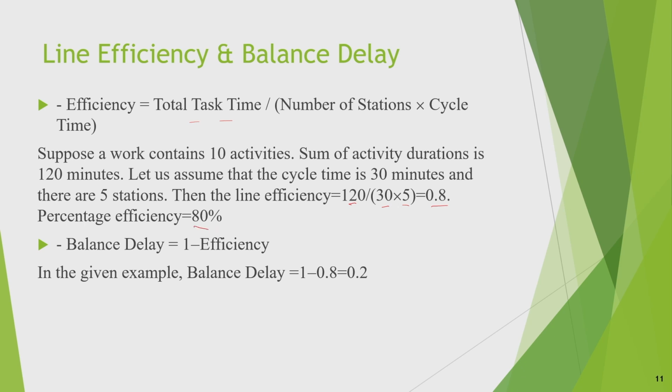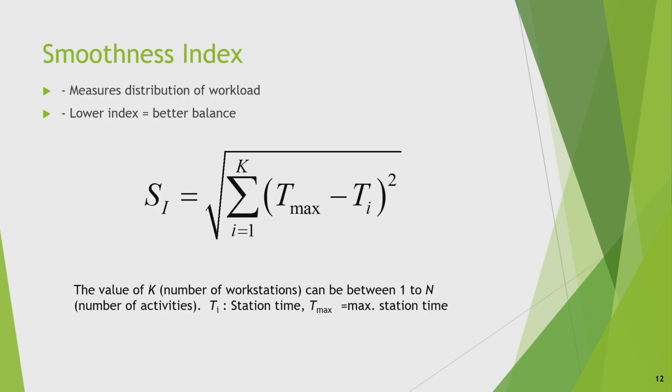Balance delay will be 1 minus efficiency. In the given example, balance delay is 1 minus 0.8, which is equal to 0.2. We can also define the smoothness index. It measures the distribution of load, and the lower the index, the better the variance.